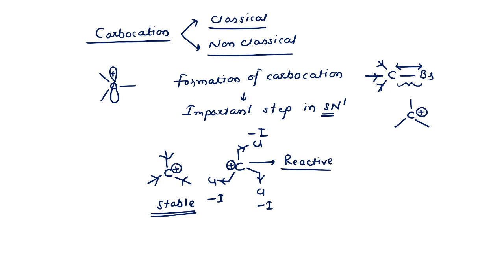So this is the second most important thing, that is known as carbocation. Same thing when you go for a carbocation and there is a presence of electron donating group and there is a presence of electron withdrawing group.